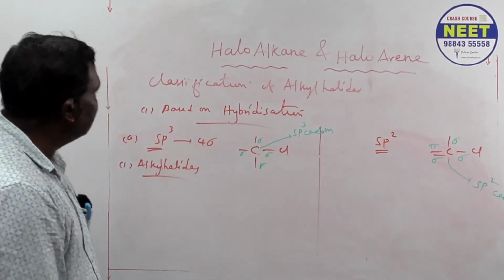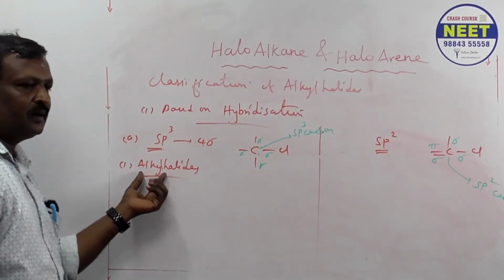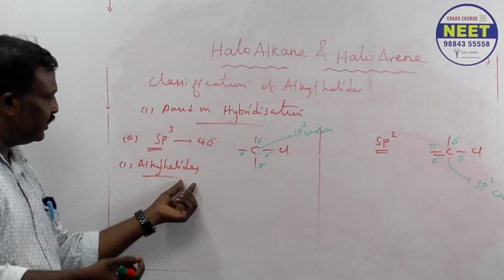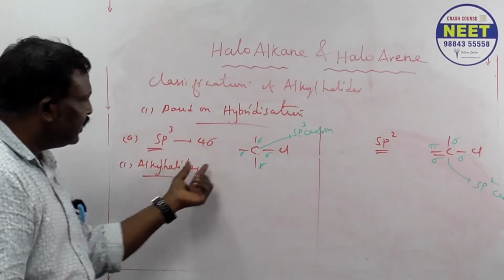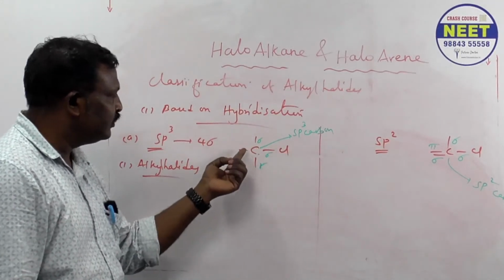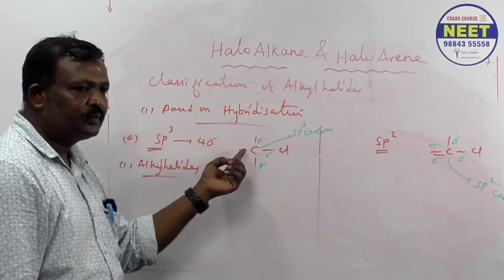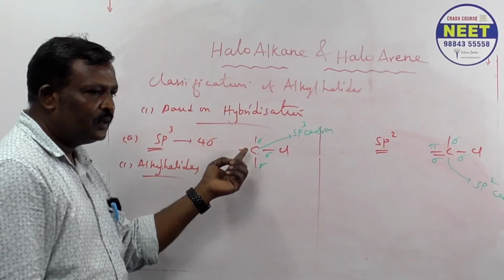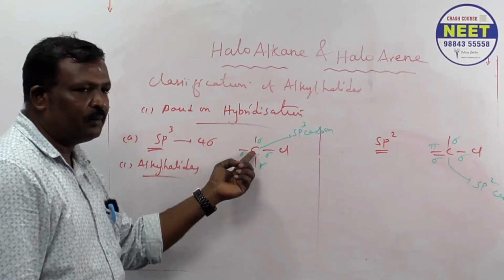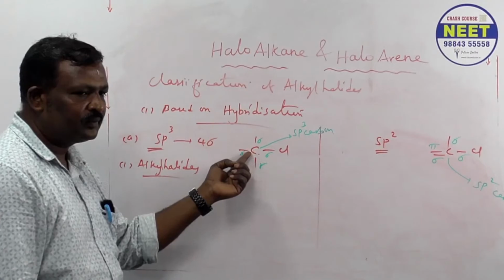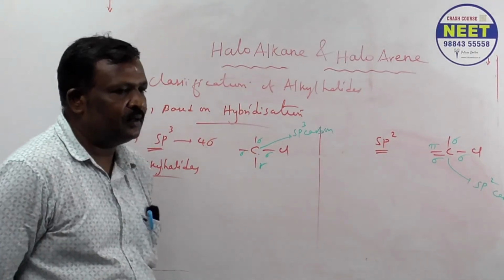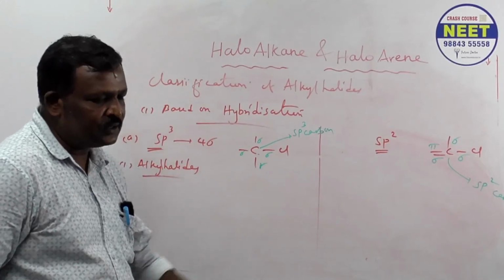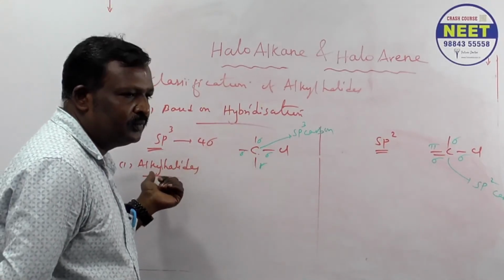Simple one. First we will put the heading: alkyl halides. So I will give one small definition. Halogens attached to sp3 carbon, which is attached to an alkyl group.